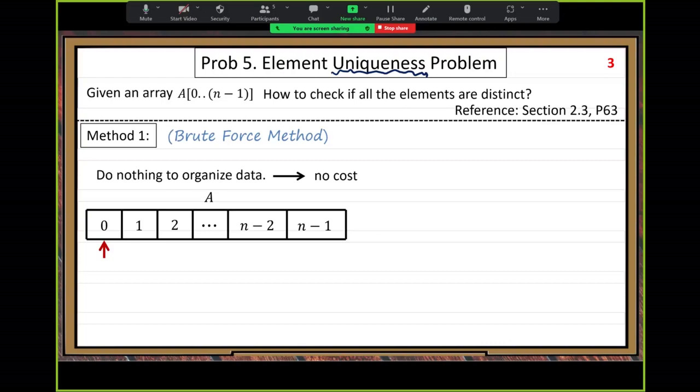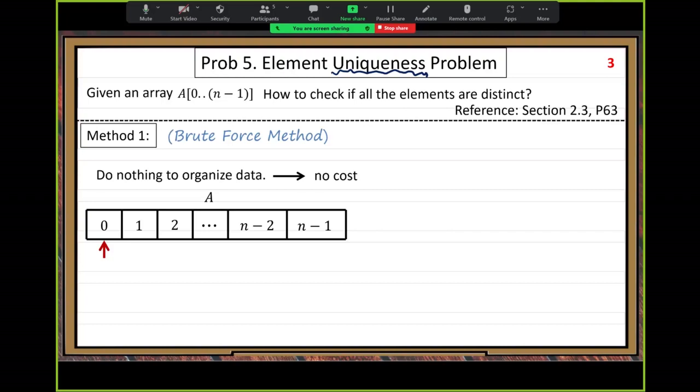Is there any other element in the remaining part of the array that has the same value as the first one? If that happens, then the function returns false.